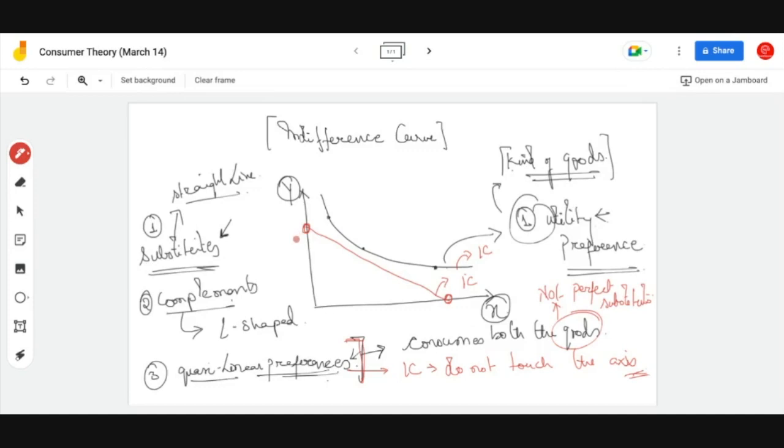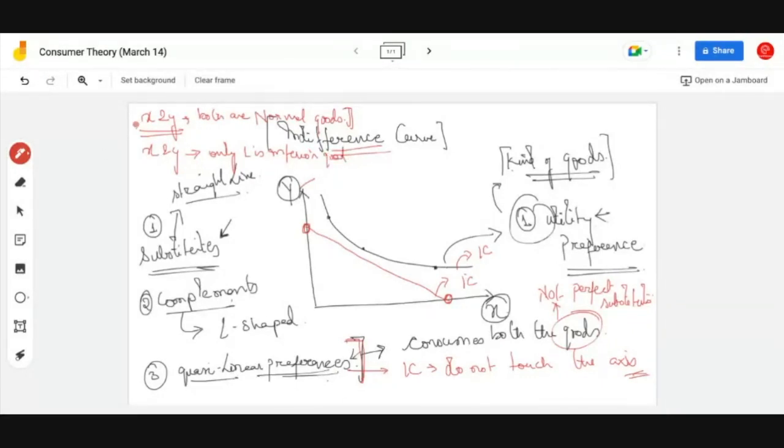Okay. So these are some of the ways in which the questions might be asked. Now, one thing that we discussed when we were discussing the indifference curve is that when we are talking about the combination of good X and good Y, on the indifference curve, X and Y both are normal goods. This is case one where both are normal goods. Case two, of X and Y, only one is an inferior good.